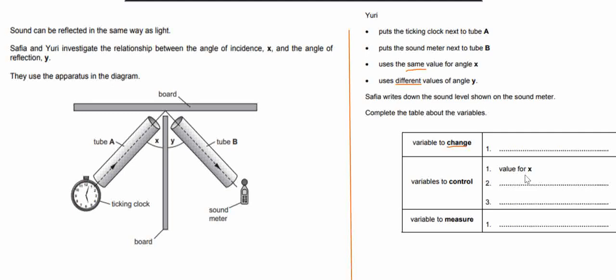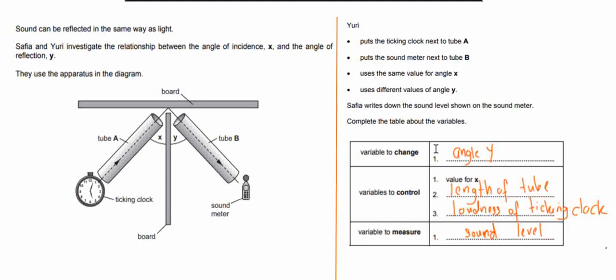And there's another variable that we should keep the same to make a fair test. Only one thing is allowed to change in each experiment, so the result can be observed. So we can keep the length of tube the same. That has to be the same to make a fair test. Loudness of ticking clock should be the same.